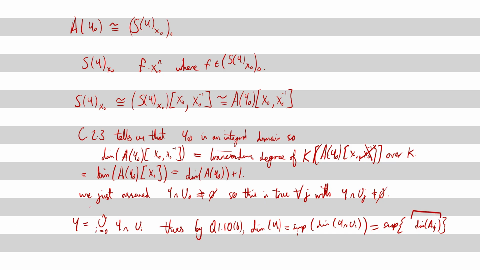But this is constant for all j with Y intersect Uj non-empty. The dimension of S(Y) is equal to the dimension of A(Yj) plus 1.